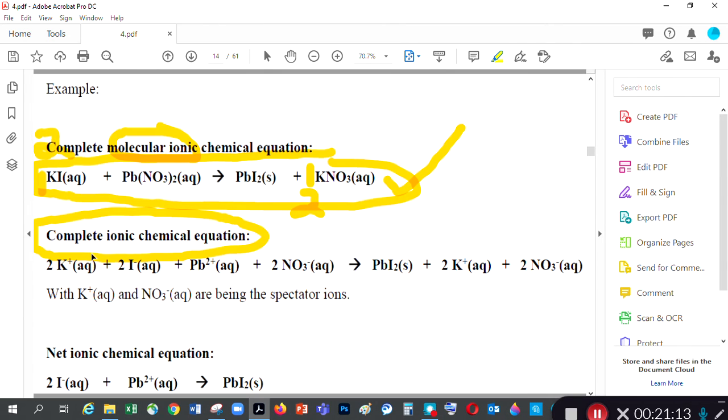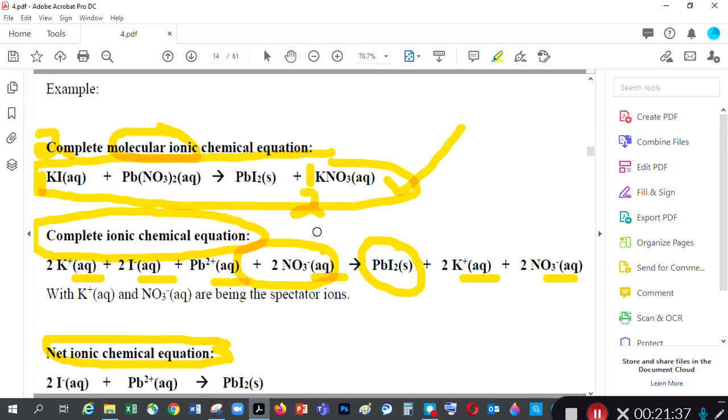And then the complete ionic chemical equation. Take everything apart except the solid, liquid, or gases. Keep them untouched. So we are keeping this one untouched because it is a solid. All the aqueous species will be taken apart. Now the net ionic chemical equation: the spectator ions appear on both sides.